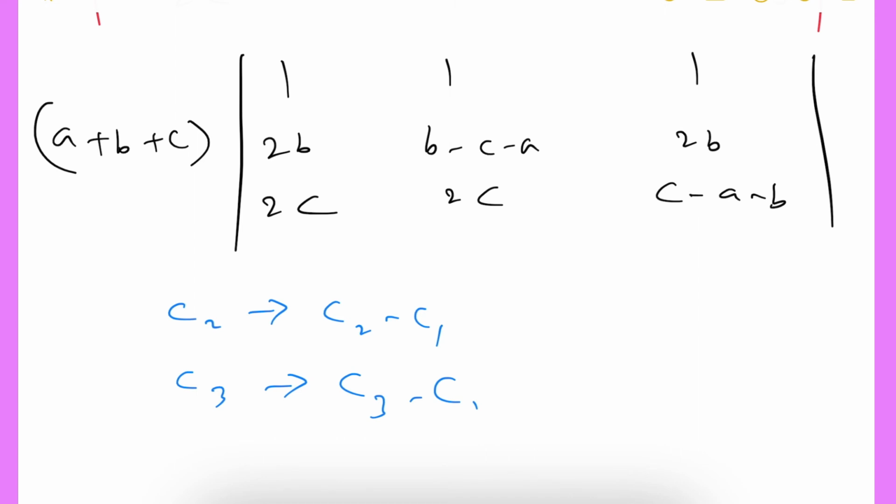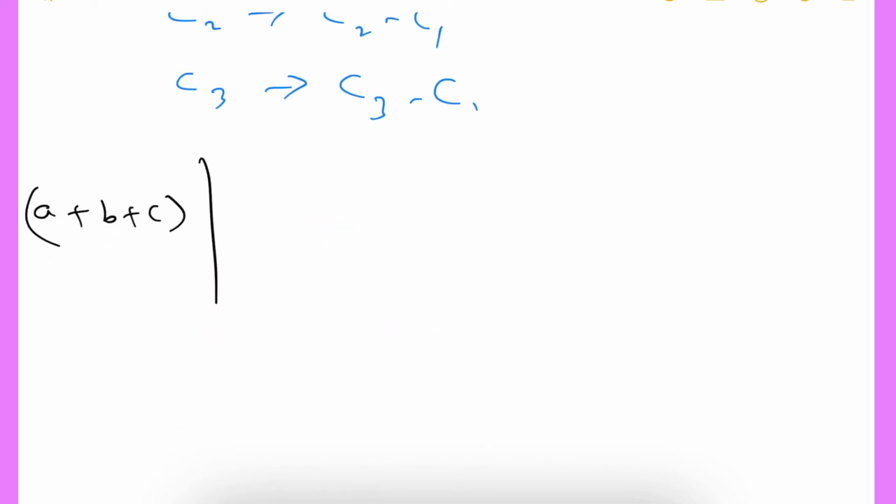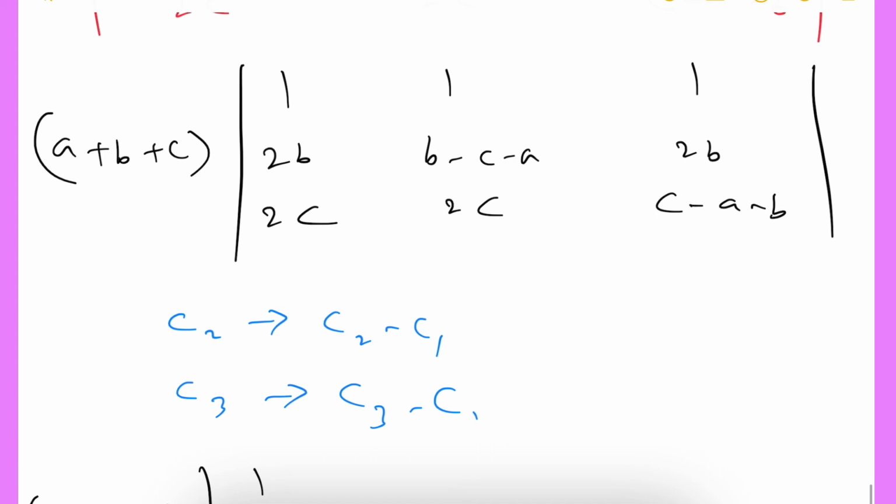Okay, let us do it. Outside, a plus b plus c is there, so that is as it is. First column also as it is: 1, 2b, 2c, reading column-wise. Next, the second column we need to change as C2 minus C1.